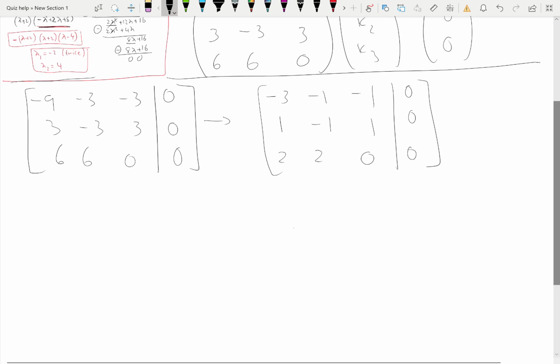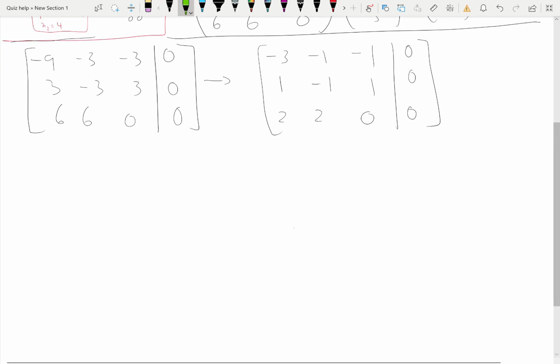Now here, look at the first pivot position. It's -3. It's non-zero, which is good, but the ideal pivot will be 1. Can I trade these two rows and get 1 here? Yes, because I have 1 here, I will switch row 1 and row 2 just to get 1 here, and that makes our life very easy.